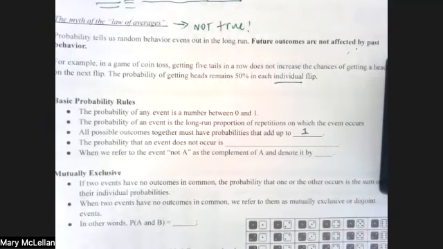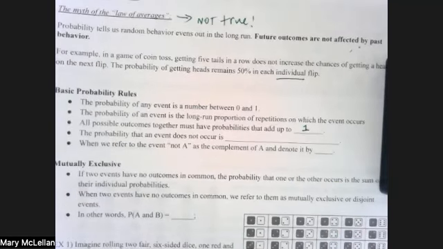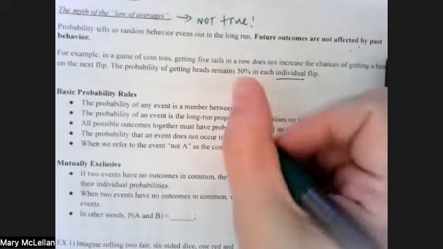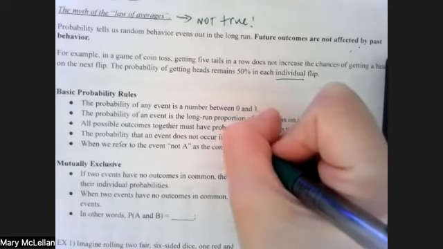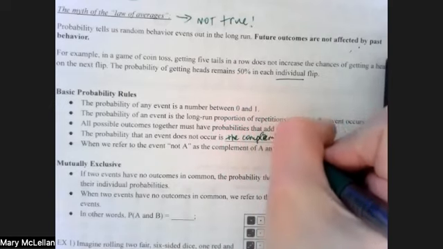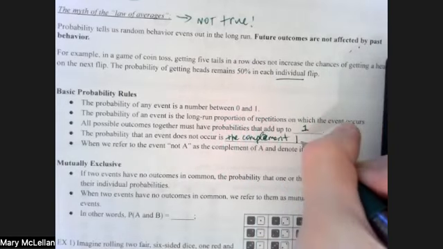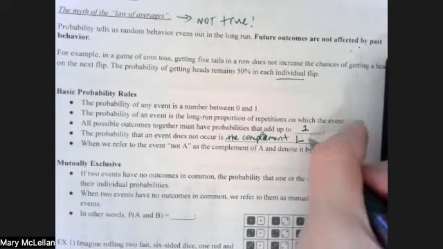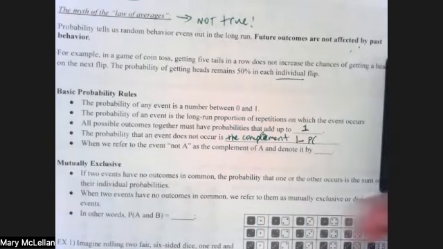Otherwise, there wouldn't be a measurable outcome and you wouldn't have a random event. The probability that an event does not occur, this is the idea of the complement, equals 1 minus the probability that the event does occur.